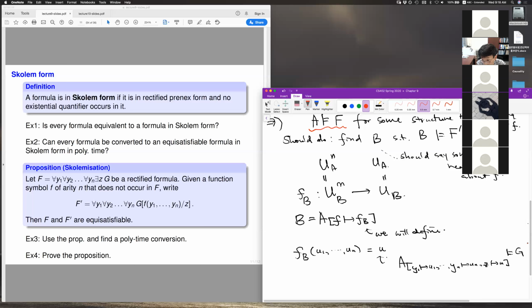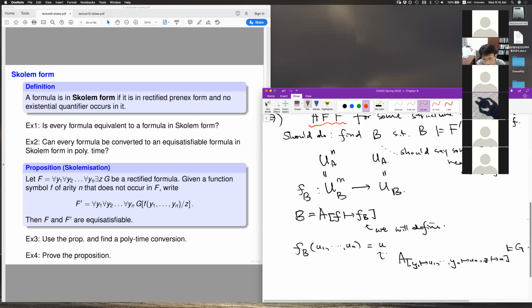This is always possible. We have to make some choice here, but whatever choice we make is going to be the right choice, in the sense that our new structure B is going to satisfy this f prime.